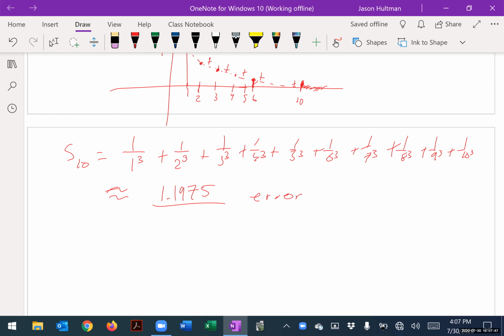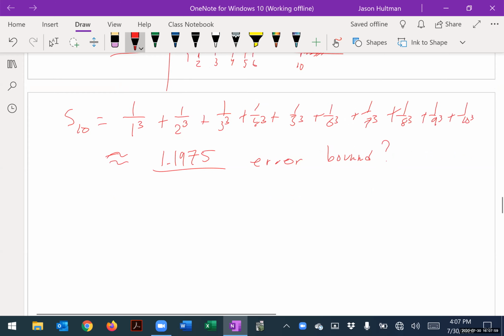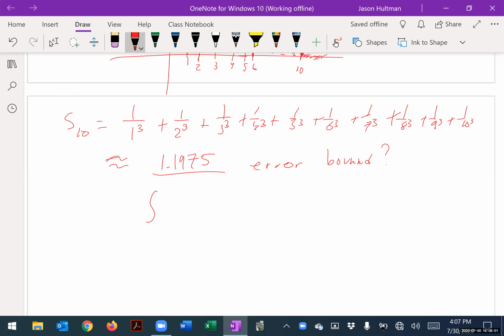How close to the actual value, if I took this thing out to infinity, how close to the actual value would I get? What's the error bound on this? We can say that the error bound, the integral from 11 to infinity of 1 over x cubed dx, is less than or equal to R10, that's the remainder, the difference between S and S10.